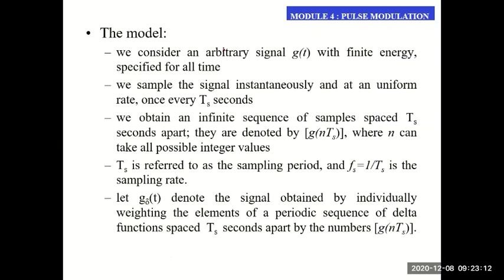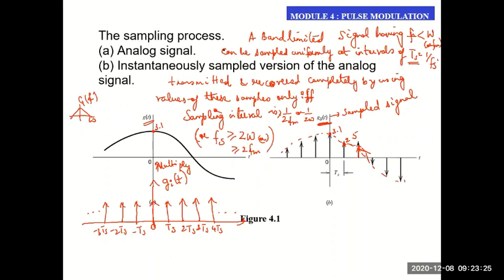And let g delta of t be the product of the given signal g of t with the impulse train gi of t. So when I multiply g of t with the impulse train gi of t, whatever result I get, we are calling that g delta of t. Now, the sampling process is indicated here.